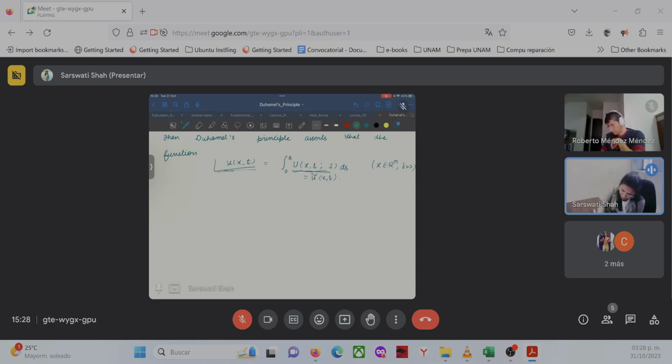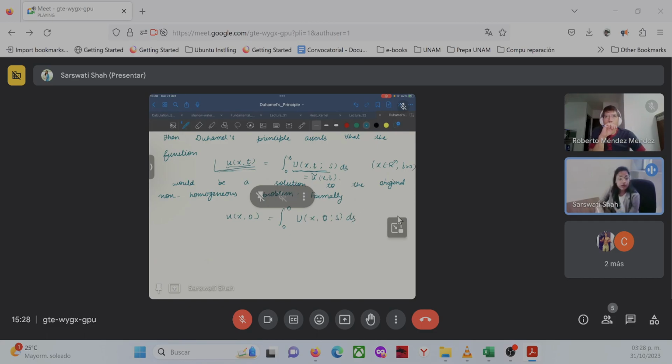Then this function would be a solution to the original non-homogeneous problem. Formally, if you take u of x comma 0, it is the integration from 0 to 0.